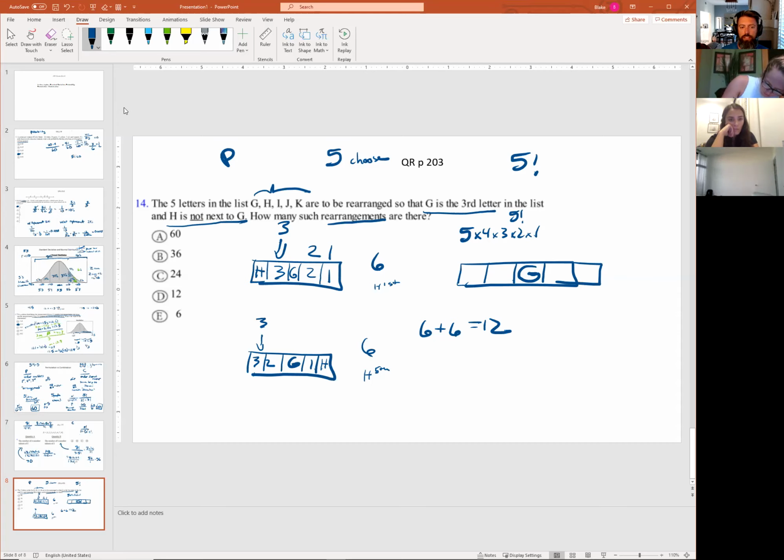So it's almost like you're starting from 5 times 4 times 3 times 2 times 1. You lower the number of possibilities when a certain block is frozen. So we're freezing the third block so that there's only 1 possibility there.